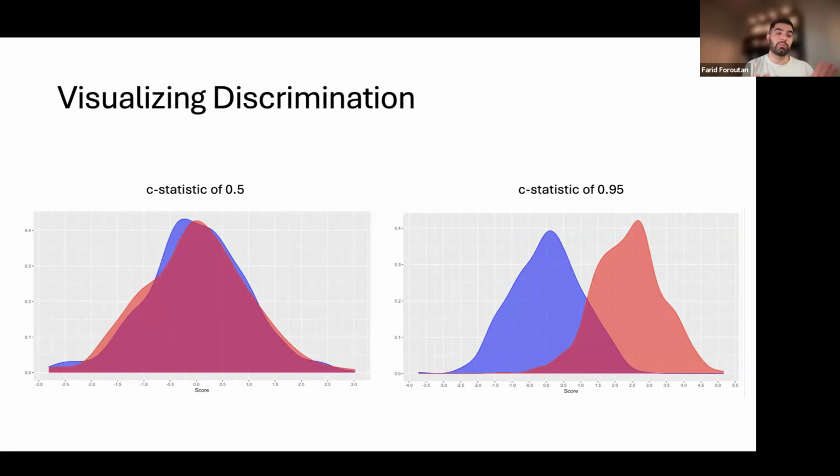And with 0.5, you can see that there's perfect overlap in the distribution of the probabilities that are assigned to the individuals, versus when you have 0.95, that distribution of the scores starts to show separation, and the 5% overlap or the error, you can appreciate in this region over here. And those are the folks where really, if you get this score, you don't know if they're going to have a stroke or they're not going to have a stroke.